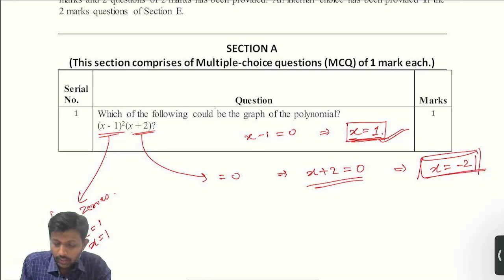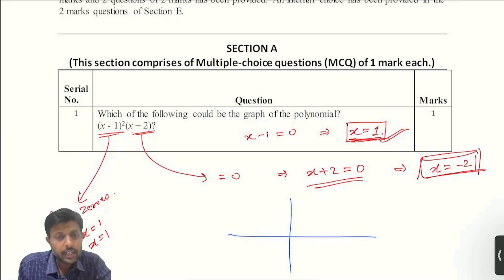So from here, we can even draw the graph, you see. We have the x and y axis. At x equal to minus 2, this polynomial will cut the x-axis. So here, this is x equal to minus 2. And at x equal to 1, there are two zeros. How is it possible to have two zeros at one point?